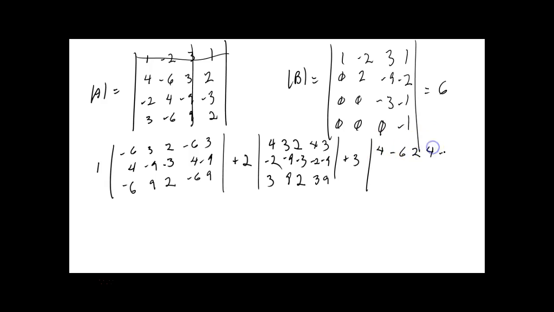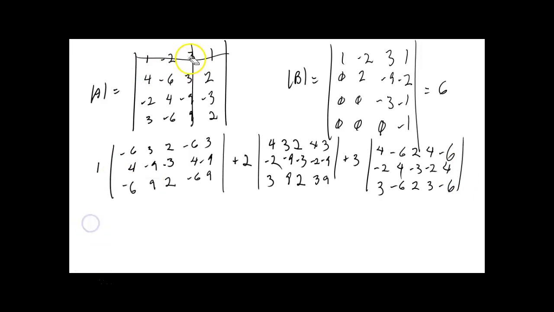I'm going to go, all right, 4, -6. Okay. Next. -2, 4, -3, -2 and 4, and 3, -6, 2, and a 3 and a -6. Okay? And then finally the last one.